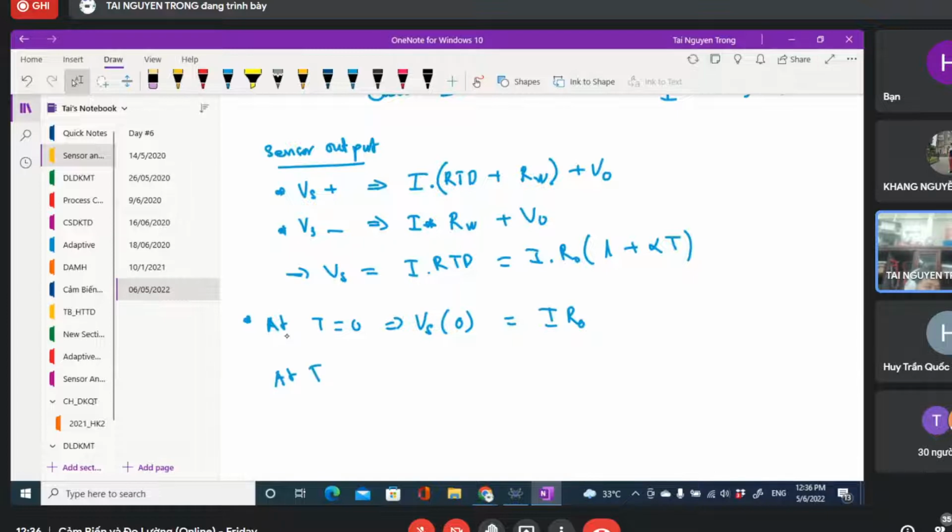And the red lines are for the final system. At the beginning, your crossover frequency is this one, and your phase margin is this value. Now we determine the new crossover frequency. This is the new crossover frequency.